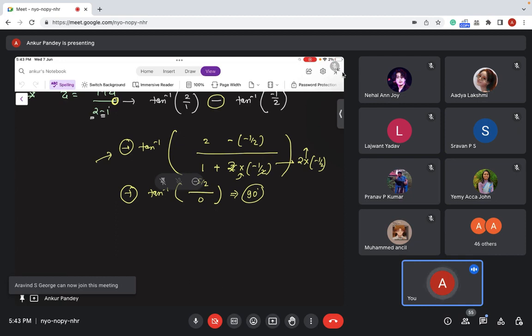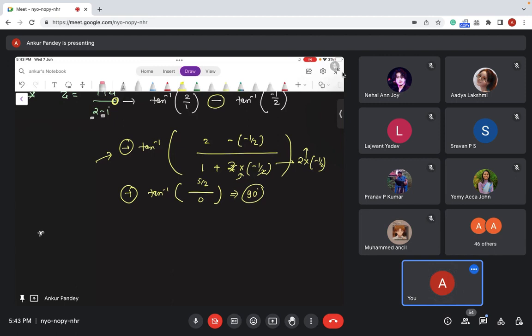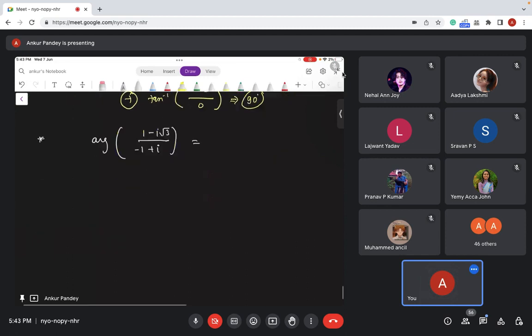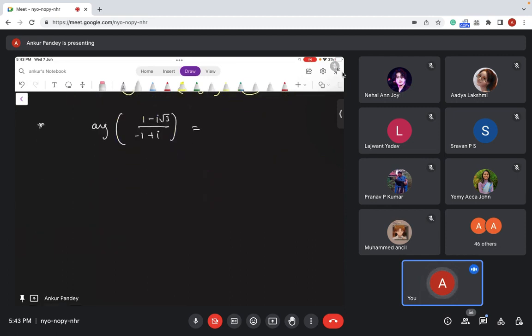Just for the warm-up sake, can you please tell me what is the argument of 1 minus i root 3 upon minus 1 plus i? Quick, solve.